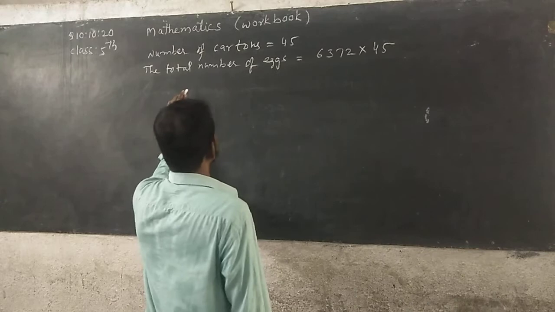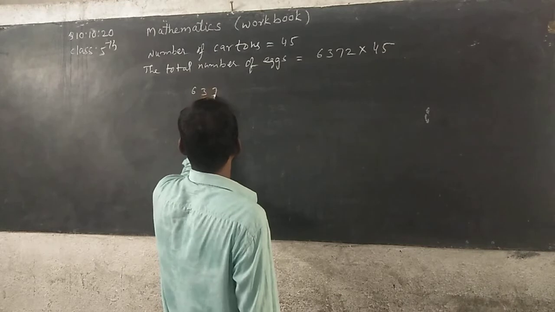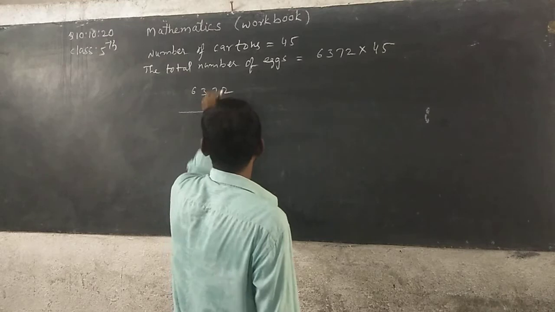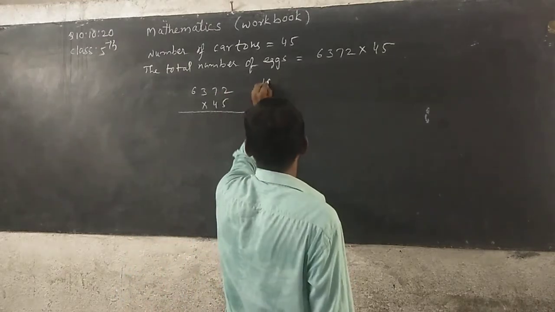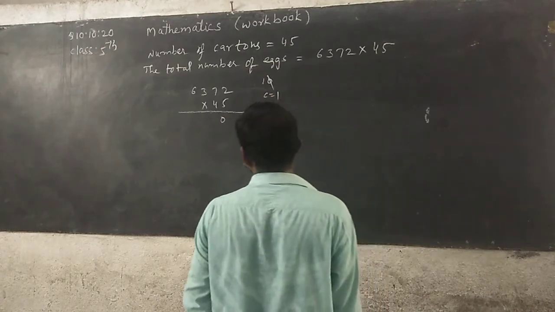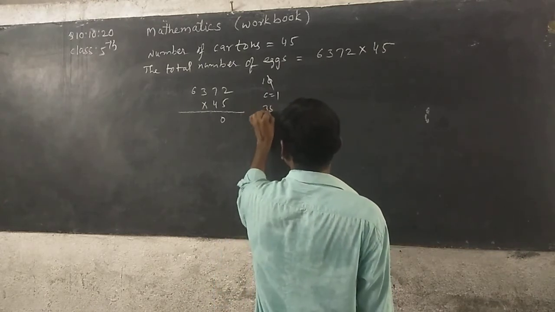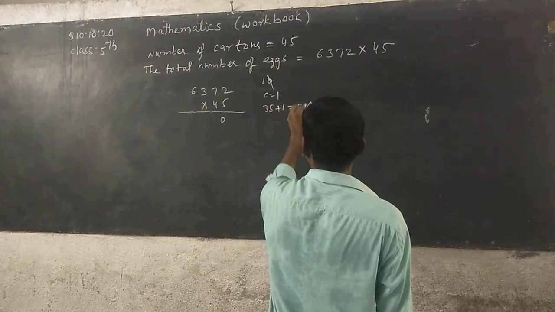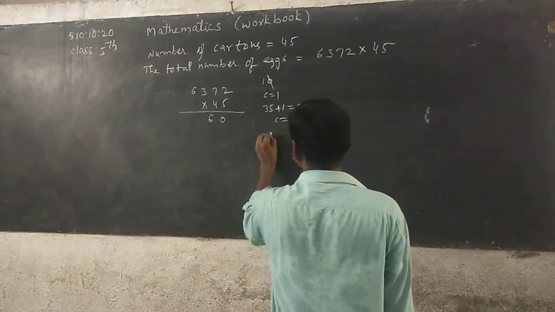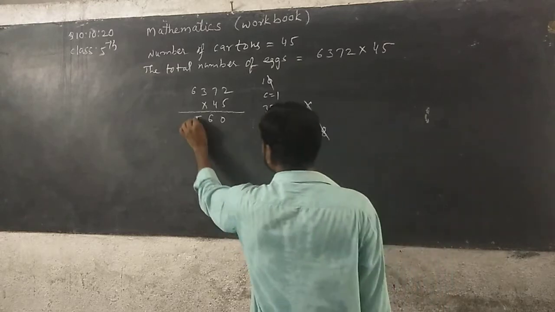See here, 6372 into 45. 5 2s are 10, 0 taking, carrying 1. 5 7s are 35, 35 plus 1, 36, 6 taking, carrying 3. 5 3s are 15, 15 plus 3, you can get 18, 8 taking, carrying 1.